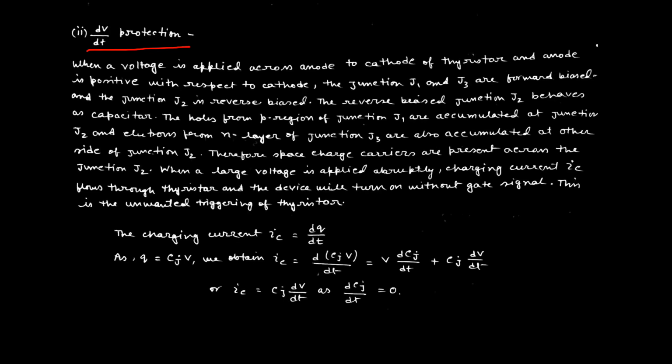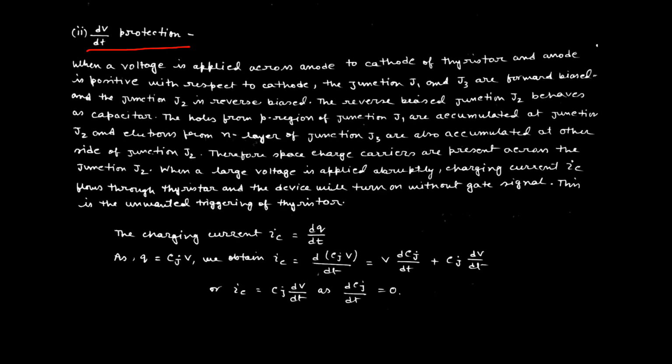The holes from the P region of the junction J1 are accumulated at the junction J2, and electrons from the N layer of the junction J3 are also accumulated at the other side of the junction J2.